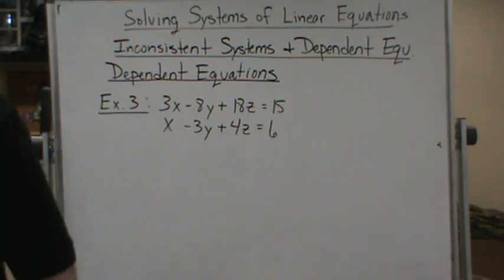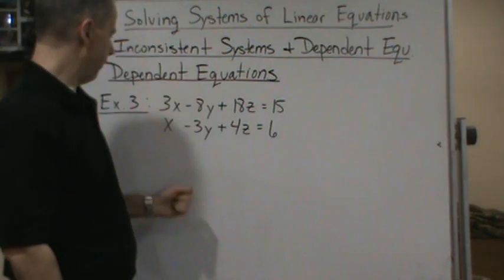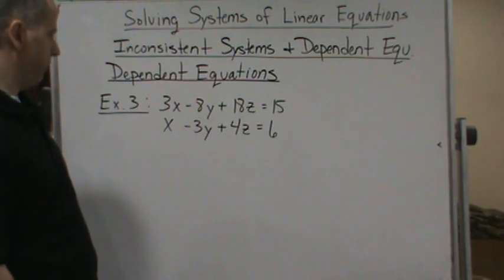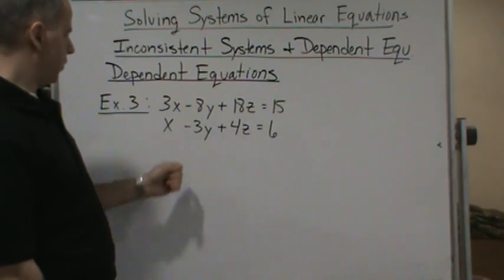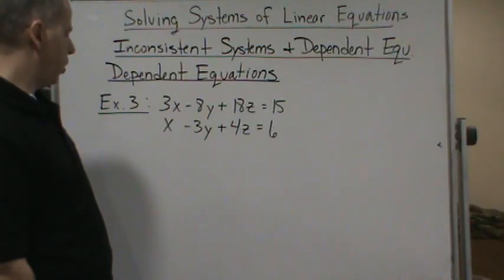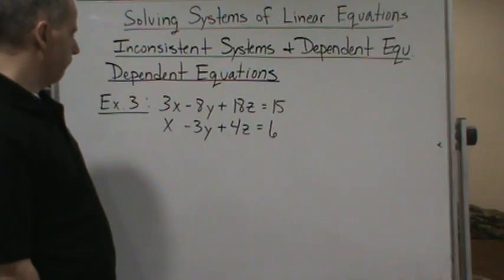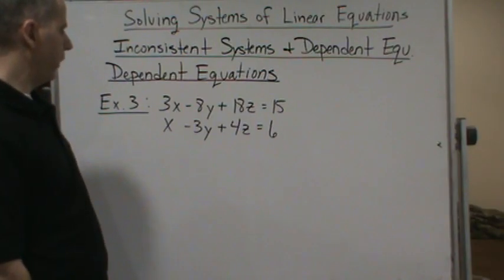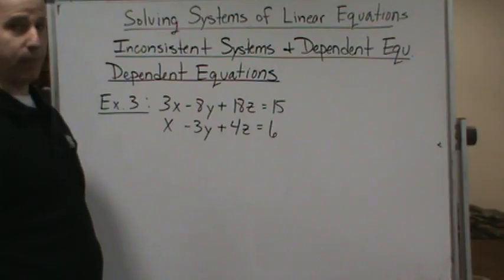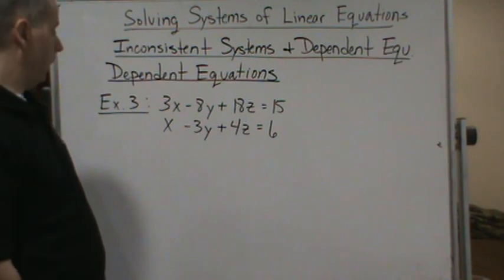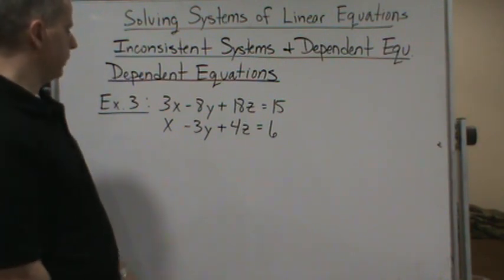All right, welcome back. Now here's an example where we have what? We have more variables than we have equations. Okay? So these are two planes, right? And so in this case here, we're going to get infinitely many solutions because we've got more variables, okay?